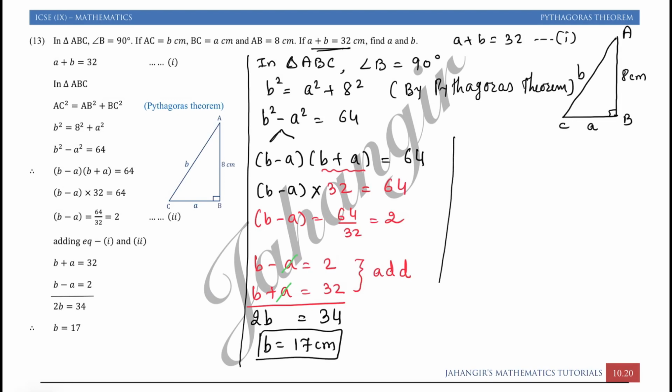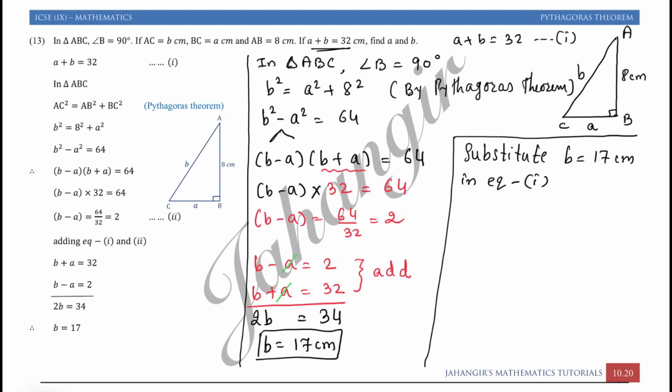Once you get b, you can substitute in any equation. I will prefer the first equation. So substitute b is equal to 17 in equation 1. Don't write the unit, otherwise you will get confused.